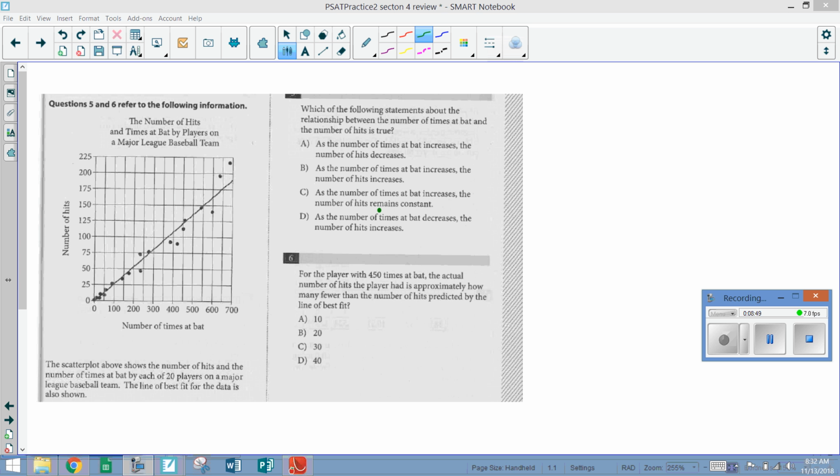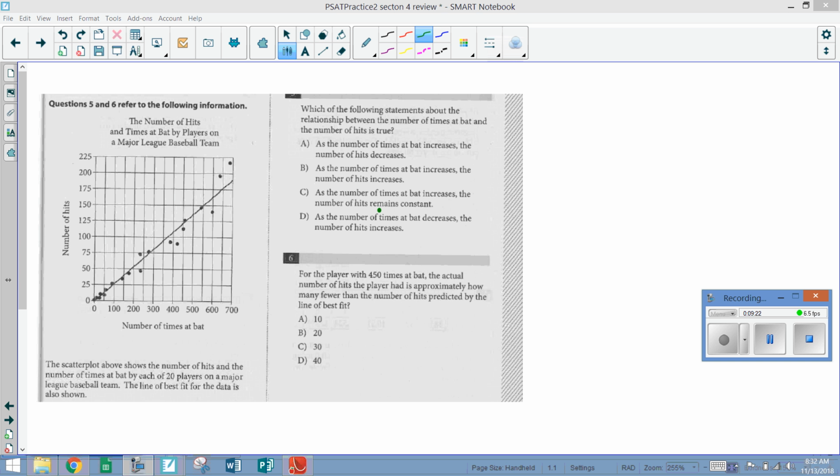Okay, let's read answer choice A, question number 5. The number of times at bat increases, the number of hits decreases. Do you agree? No, I do not. Why not? The line is positive, the slope is positive, both are increasing together. So as the number of times at bat increases, the number of hits increases. It's not even decrease.